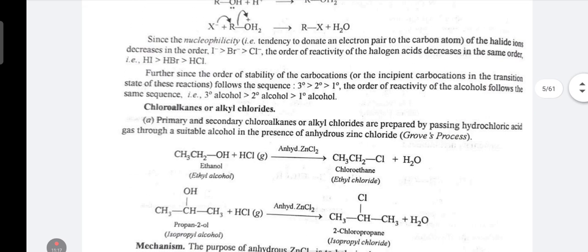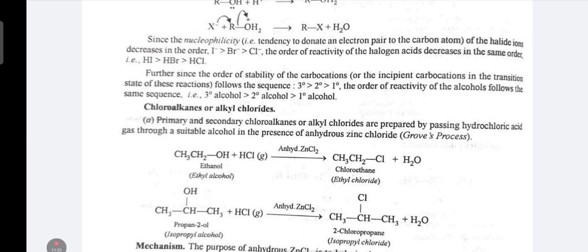Since the nucleophilicity, the tendency to donate an electron pair to the carbon atom, of the halide ion decreases in this order, the order of reactivity of the halogen acids decreases in the same order. Further, since the order of stability of the carbocation follows the sequence tertiary, secondary, primary, the order of reactivity of alcohol follows the same sequence: tertiary alcohol, secondary alcohol, primary alcohol.